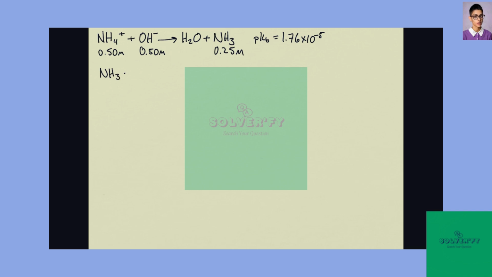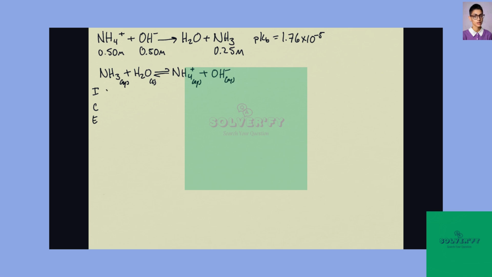So ammonia and water form ammonium and hydroxide. So I'm going to get the phases in here. Alright, now we can make an ice table.